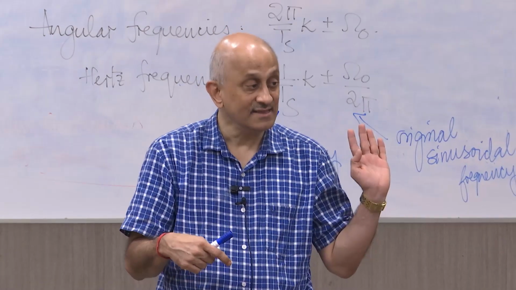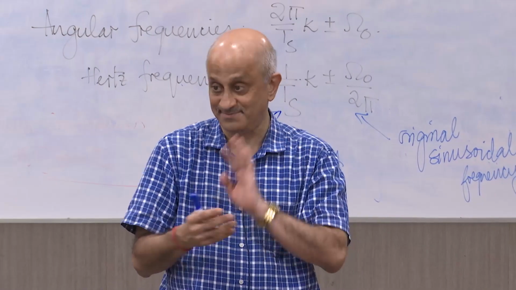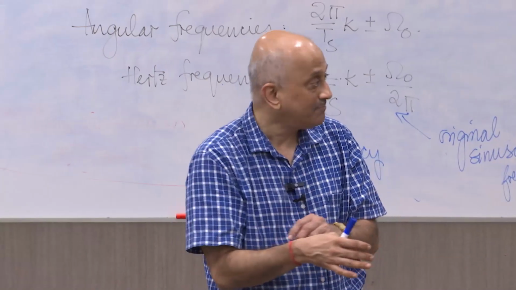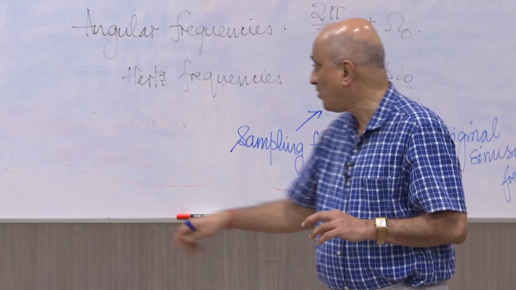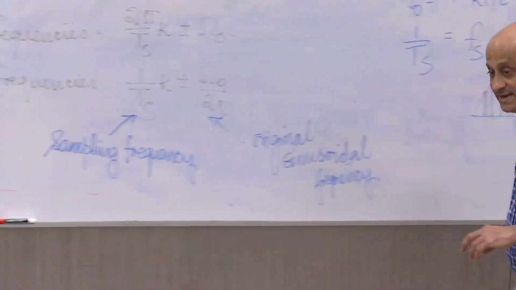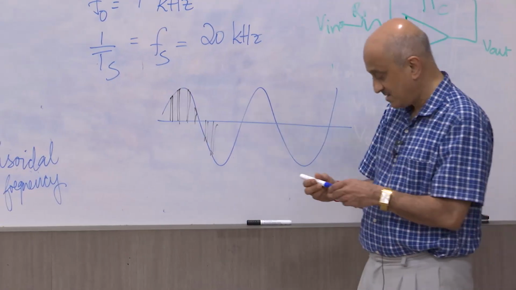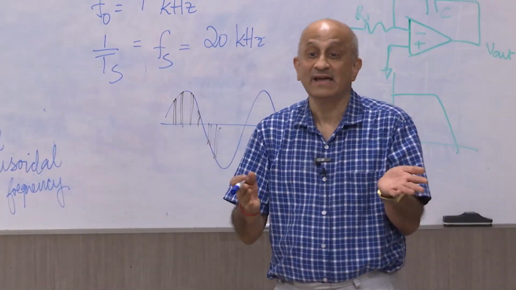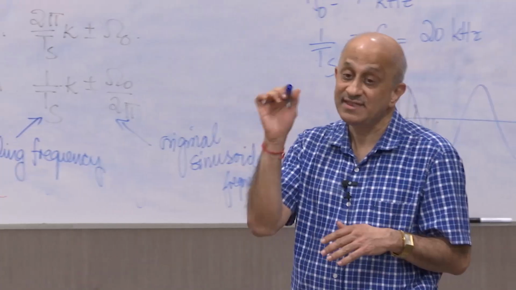Now, we are illustrating this idea with a simple sinusoid. I have one sine wave, and I have sampled this at many points, spaced by Ts. How many such sinusoids could I have reconstructed which have the same samples?